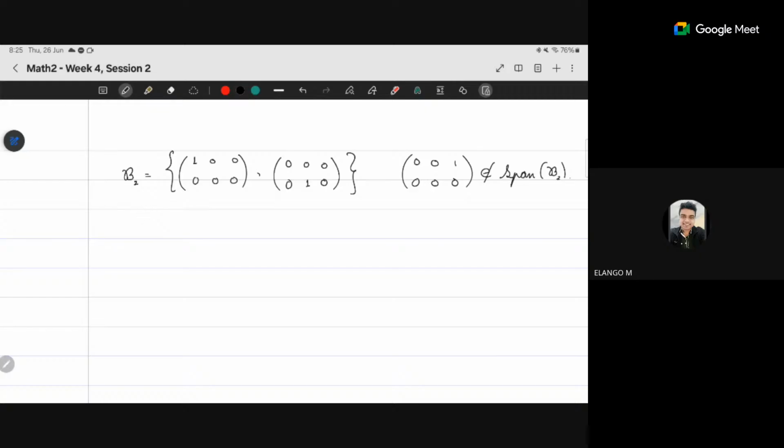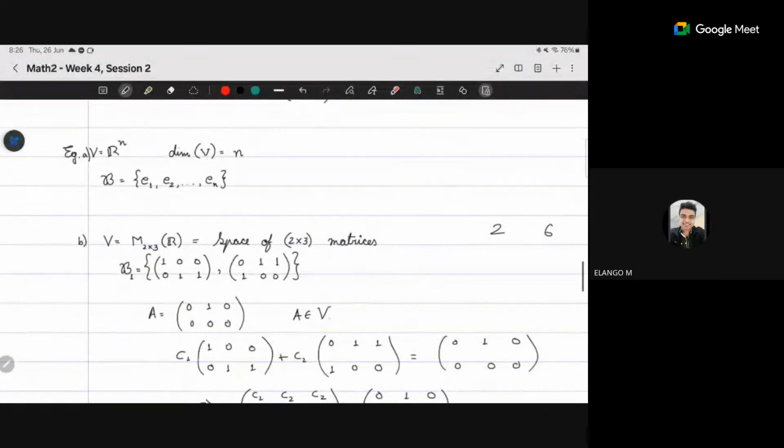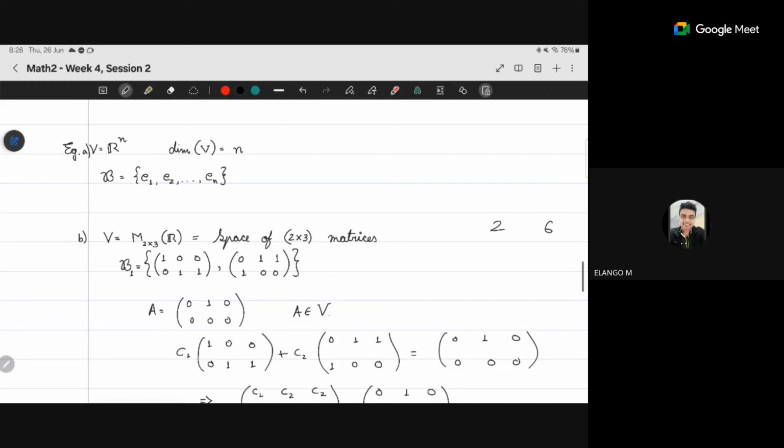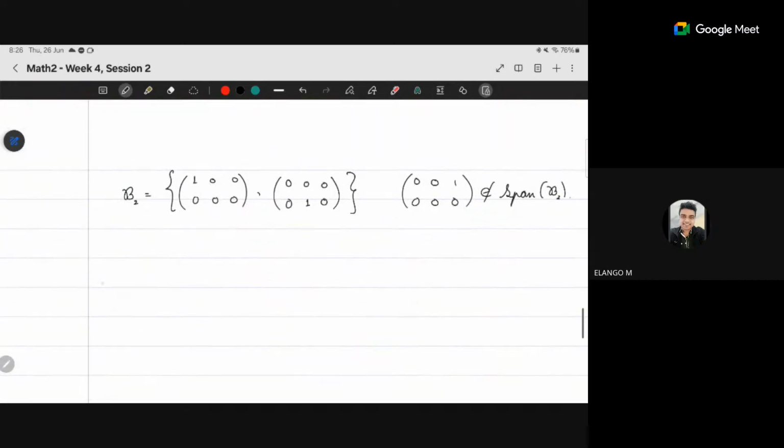So there was another guess, this 6. Whoever came up with 6, can you give me a set of 6 elements which span the whole thing? For each of the matrices, we can have one of the entries as 1.